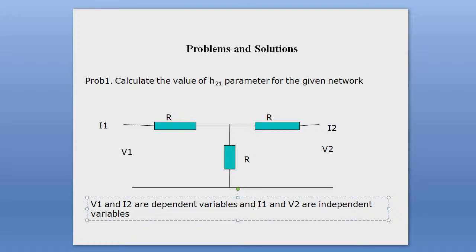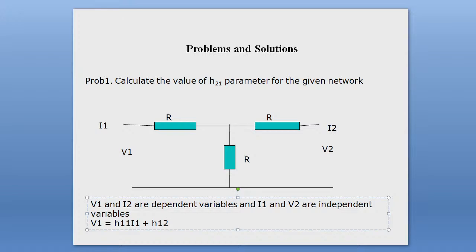Then you can easily calculate the relation network equation for this variable. So we can write V1 in terms of independent variable: H11 I1 plus H12 V2.